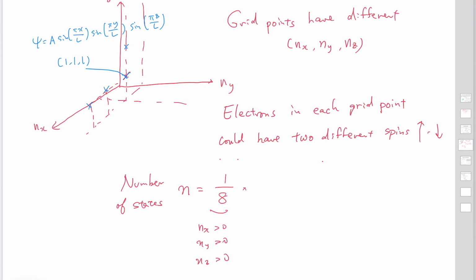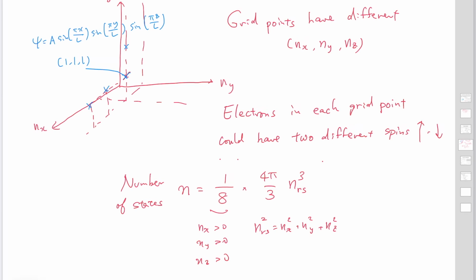And then the volume becomes 4 pi over 3 n_rs cubed, where n_rs squared is n_x squared plus n_y squared plus n_z squared. So n_rs corresponds to the radius from the origin.